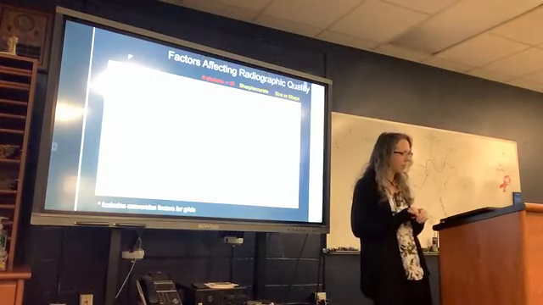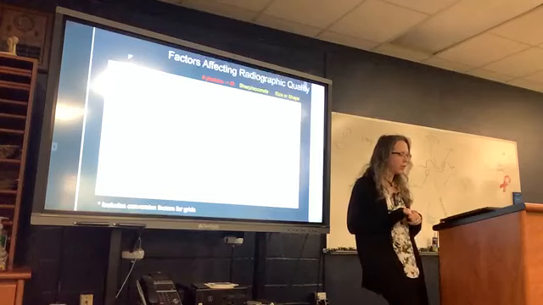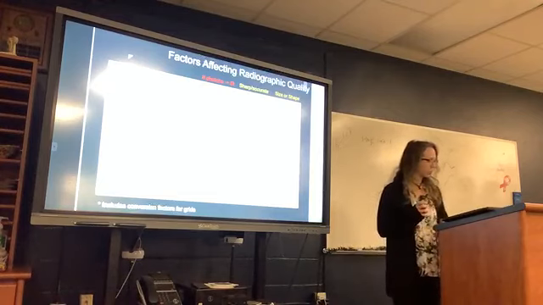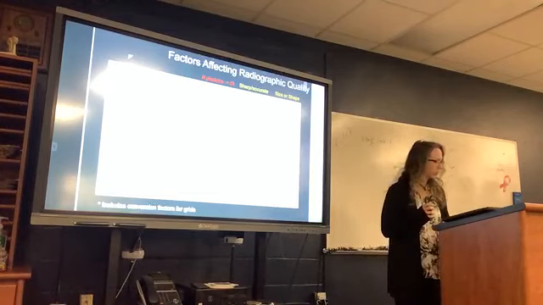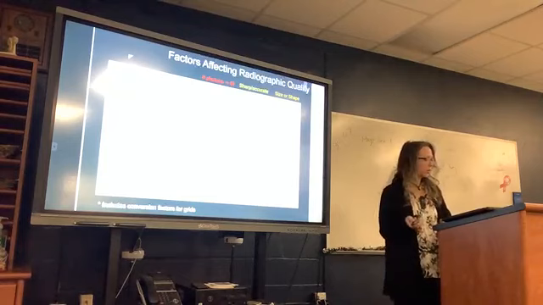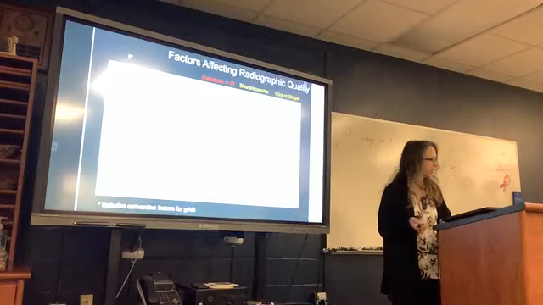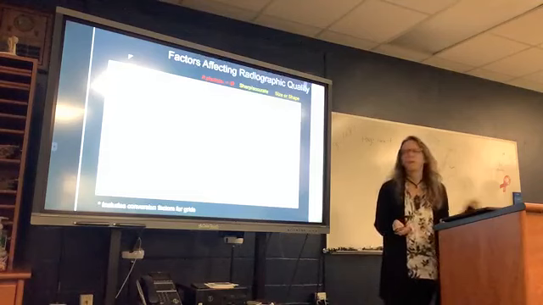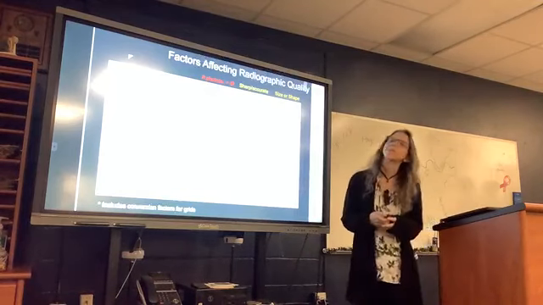All right, and our last one, angle: tube, part, or receptor. All three. Oh, I should have had you guys change this in your book too. Your book says that it changes IR exposure, but the ARRT says it does not.